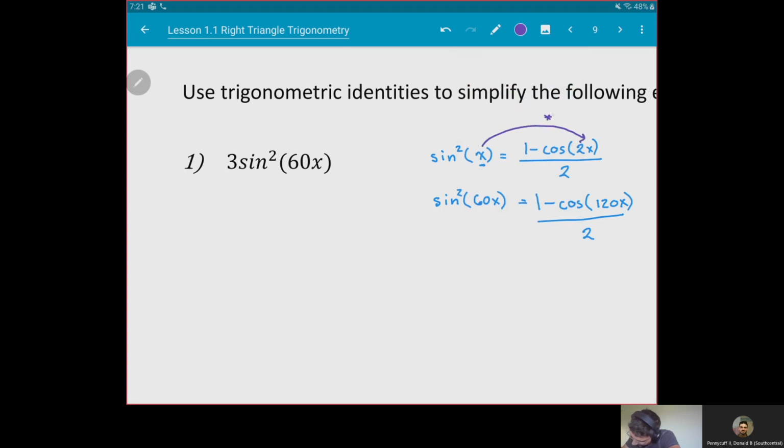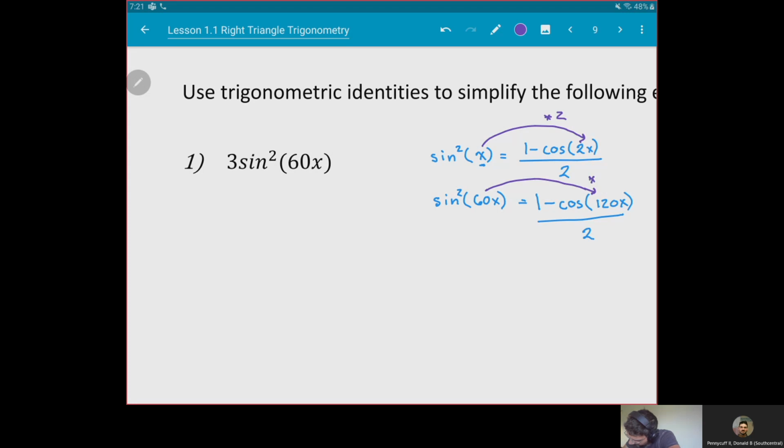That's all that means, times 2. So this right here is going to be 3 times 1 minus cosine of 120x over 2. And if I multiply that through, that's going to be 3 minus 3 cosine of 120x divided by 2.